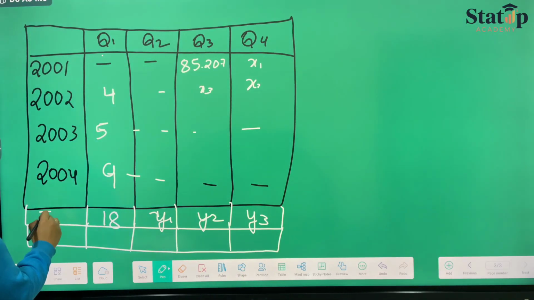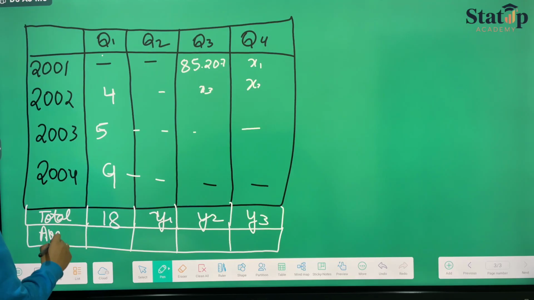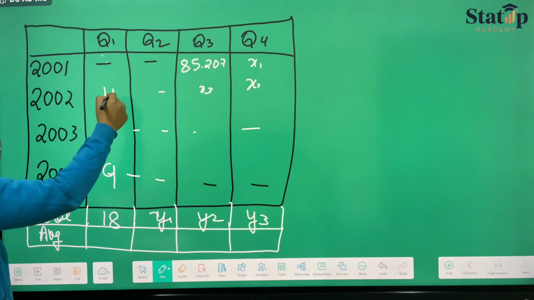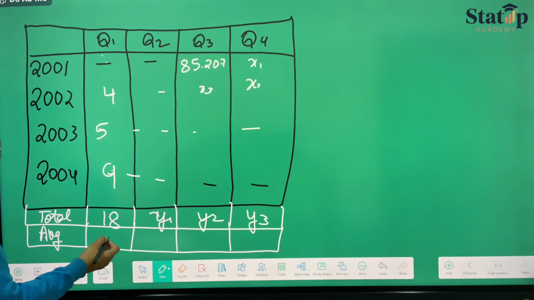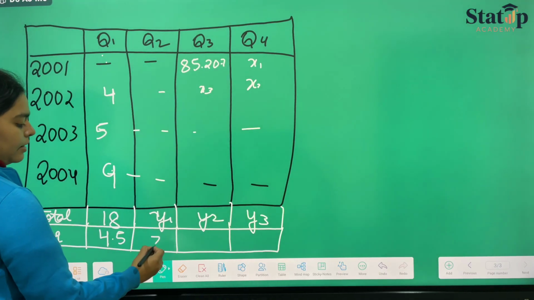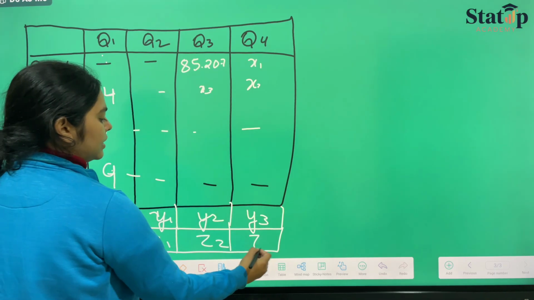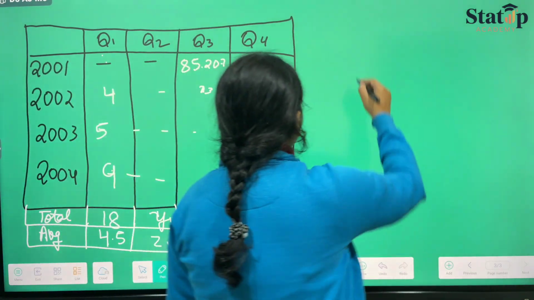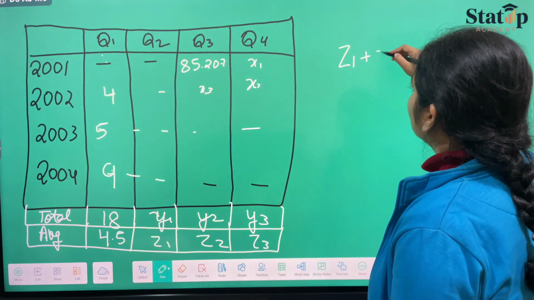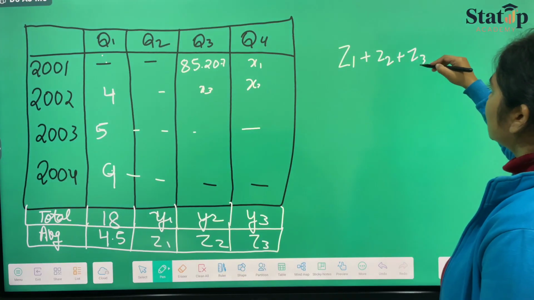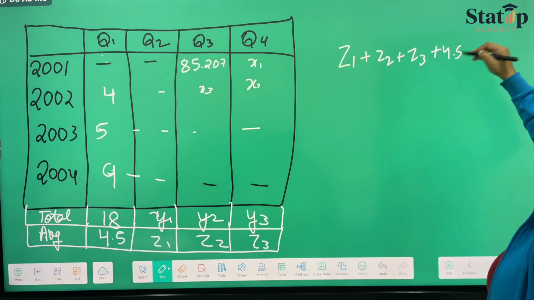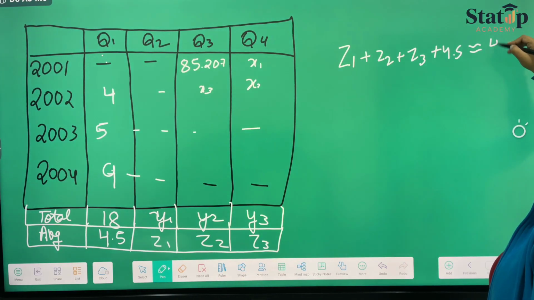So these are the totals of the values. Then we'll find the average of these values. So 18 divided by 4 would be 4.5. And similarly it would be z1, z2, and z3. So these z1 plus z2 plus z3 plus 4.5 should be equal to 400.